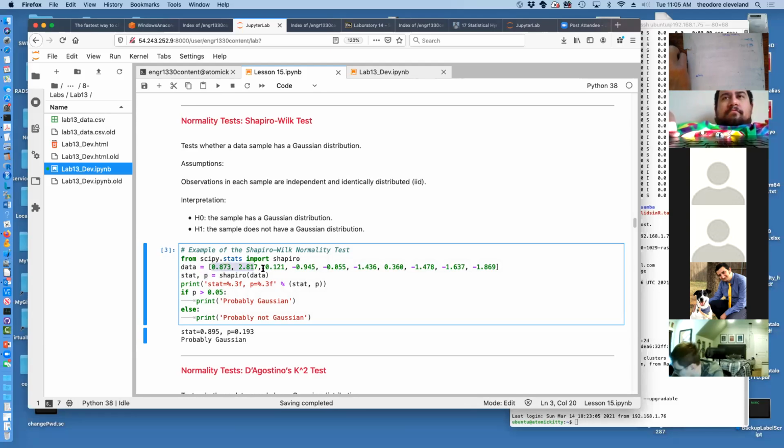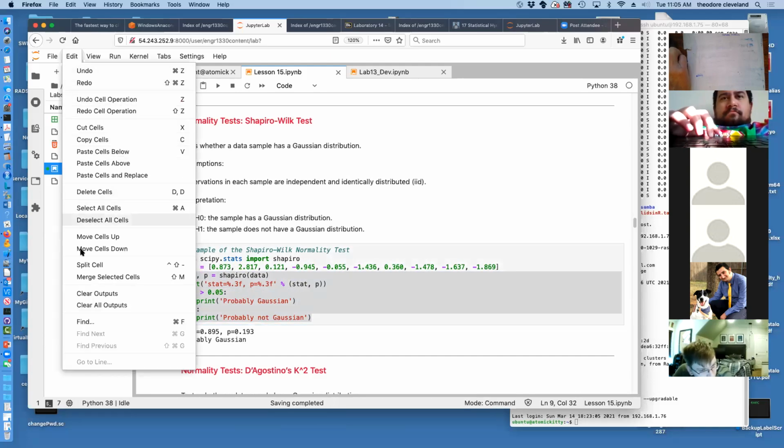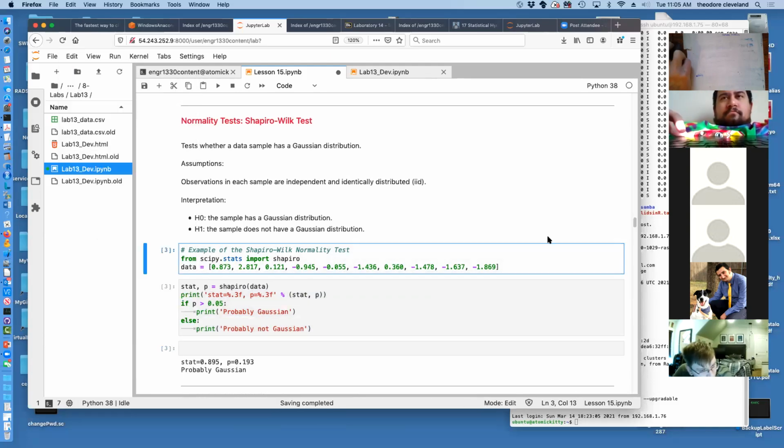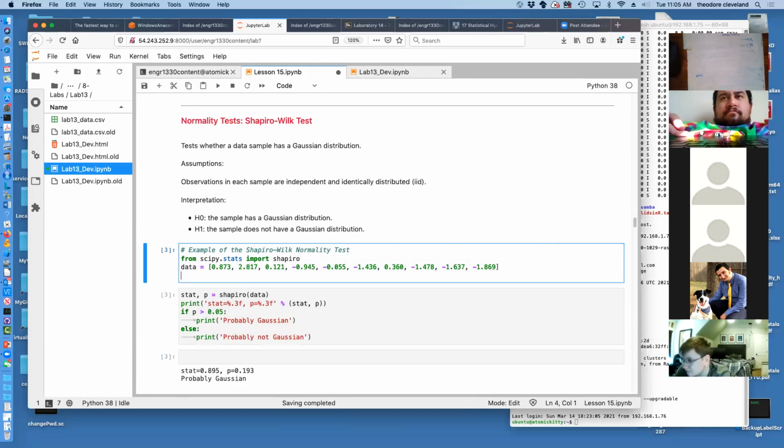So let's suppose we have this data right here, and I'm going to split my cell so that I can actually show it.